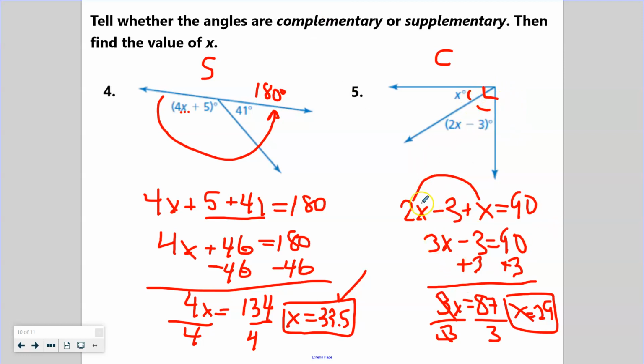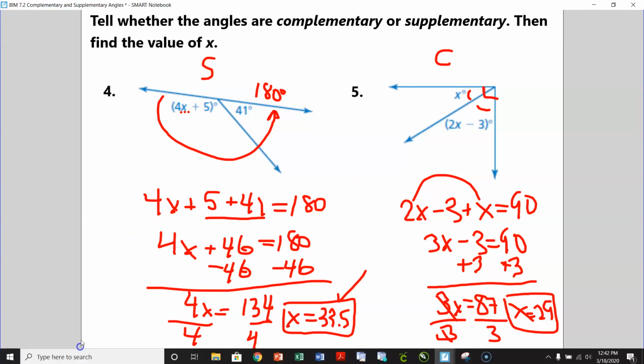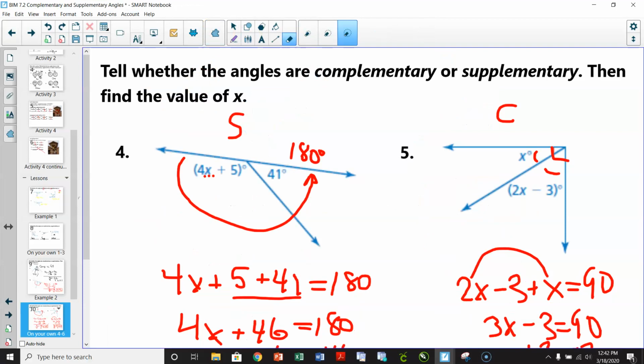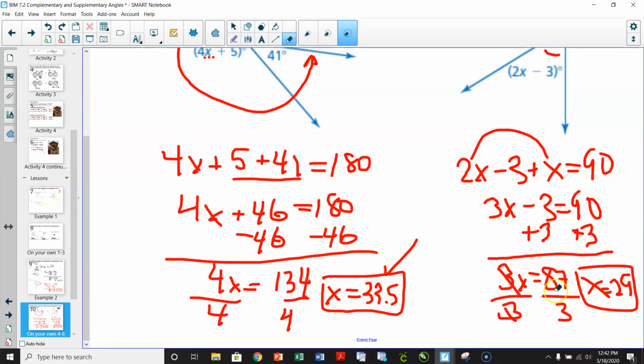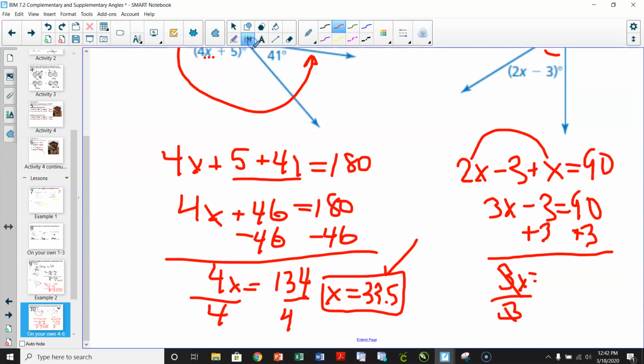Okay, so let's retrace our steps. 2x minus 3 plus x equals 90 degrees. So we say 3x minus 3, so we plus 3 on that side. Oh, what did I do there? Not 87. I said 87, but it's plus 3, so it is 93.